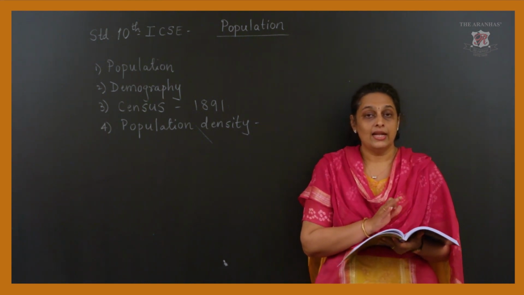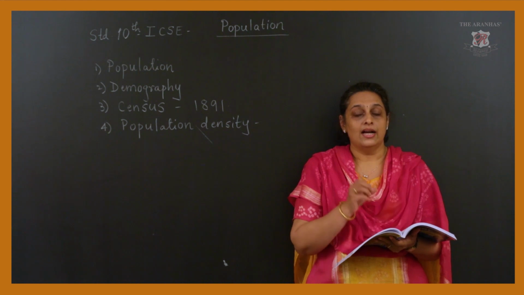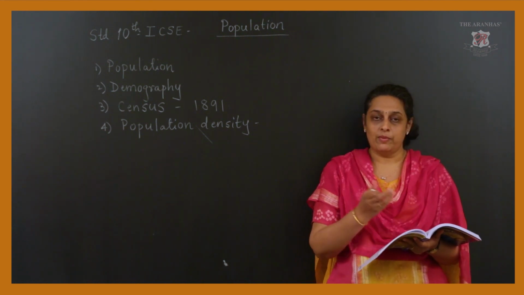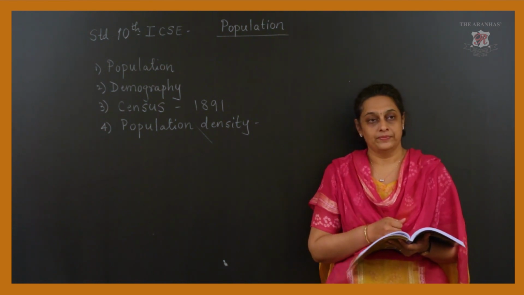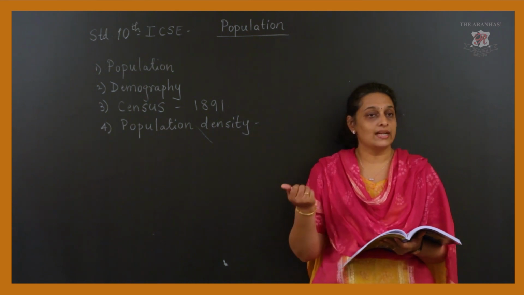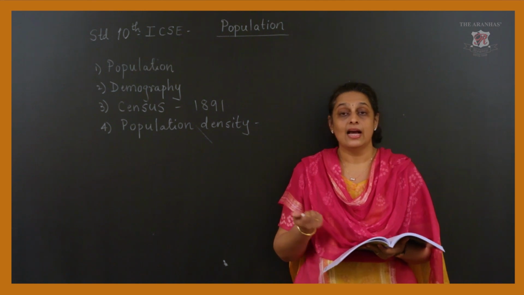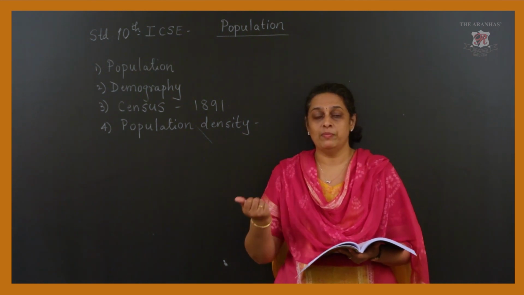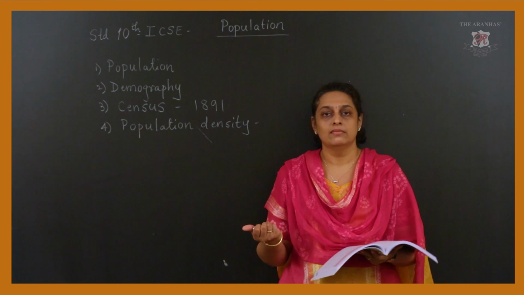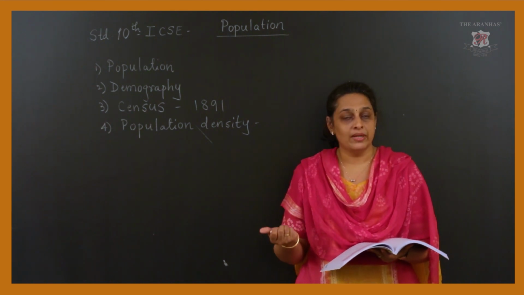Now, another thing is, let us take example from India, Ladakh region. You know how is the climate in Ladakh region, extreme climate, and how is population density, how many people are living in that area, relatively less number.